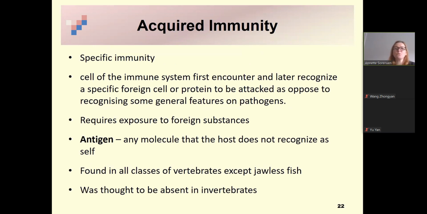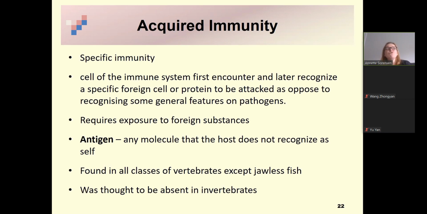Okay, so we're going to move on to talk about acquired immunity now. Obviously, unlike innate immunity, which is not specific, acquired immunity is specific to a pathogen. Cells of the immune system first encounter a pathogen and later recognize a specific cell or protein to be attacked, as opposed to recognizing some general features on the pathogen.